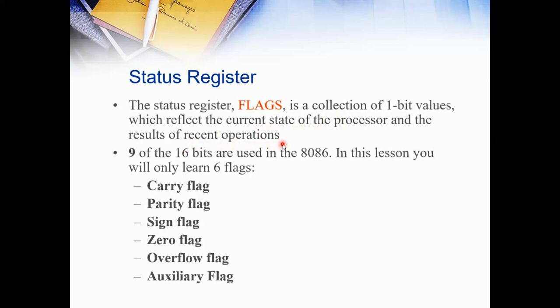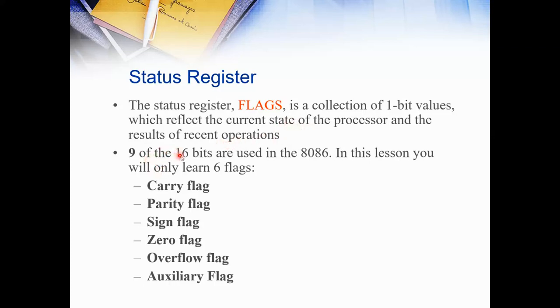Sebelum ni in chapter 3 dalam teori, kita diberitahu control unit akan send a signal. So signal tu dalam bentuk status register lah, to tell what is the status of the CPU currently doing and what the outcome of the arithmetic logic unit punya results.